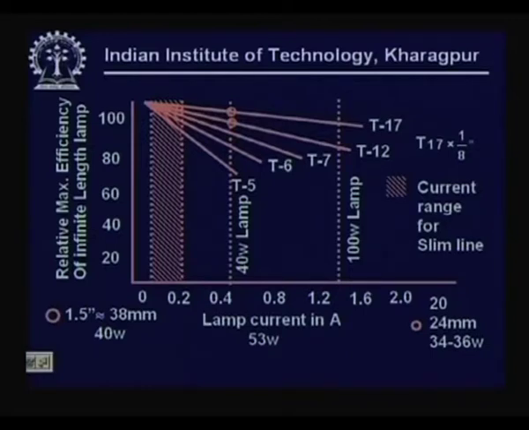Now, all of us have seen lamps which are called slim line. They are marked as 34 to 36 watts. The power level becomes very important because all the time for a light system, artificial light, we are talking in terms of the wattage, and for a benchmark or a comparison it would be the incandescent lamp.